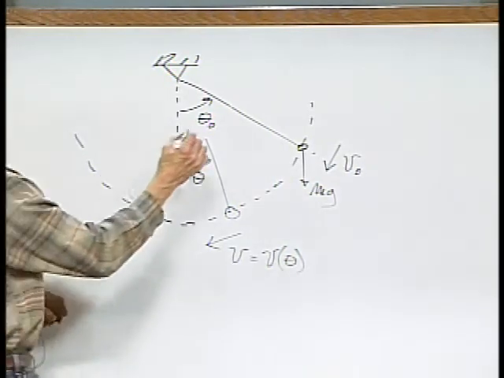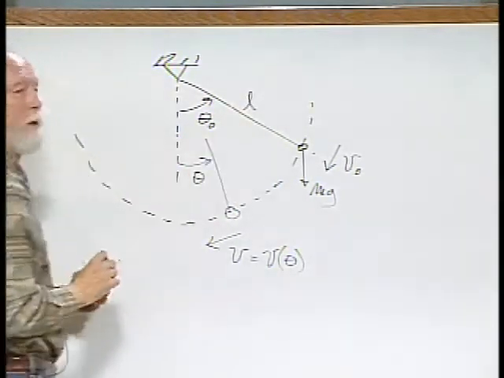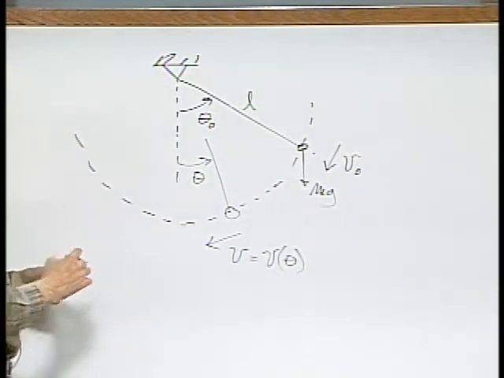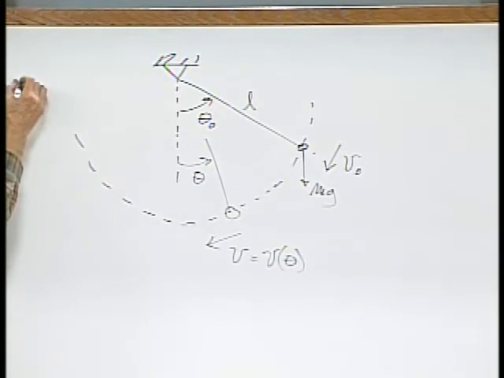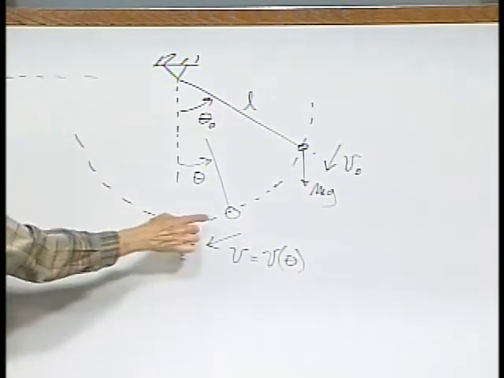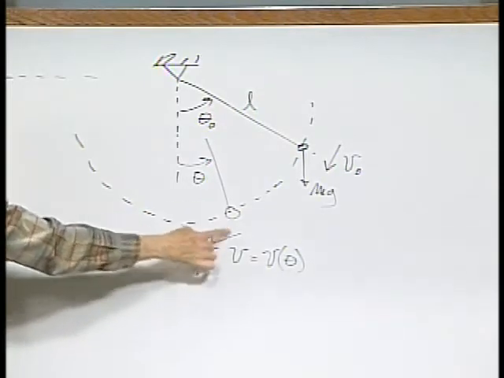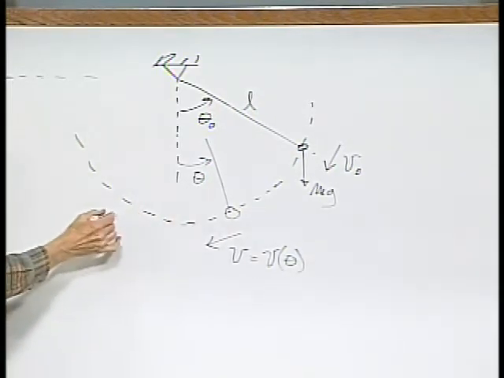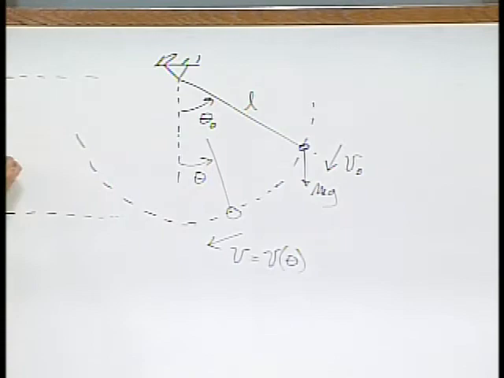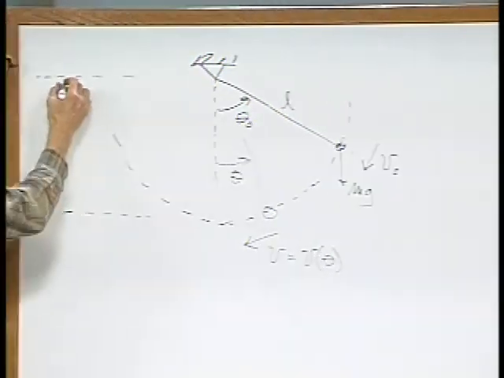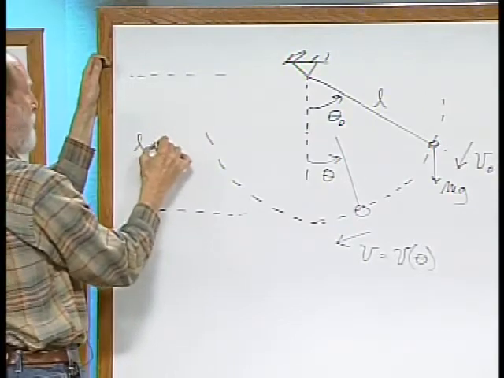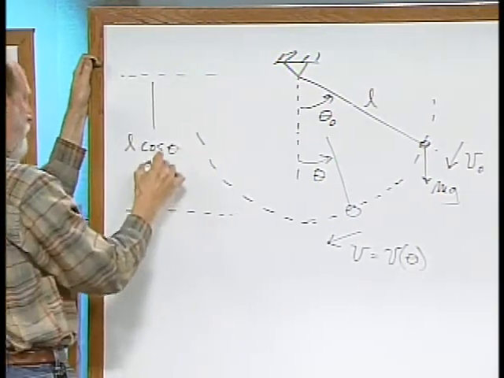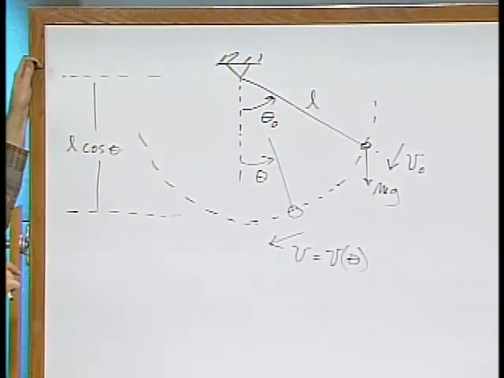So we have some length L here, and let's see if I can come over here and do this neatly. The distance the object has at this location down here, that vertical distance is going to be your L cosine theta, right?